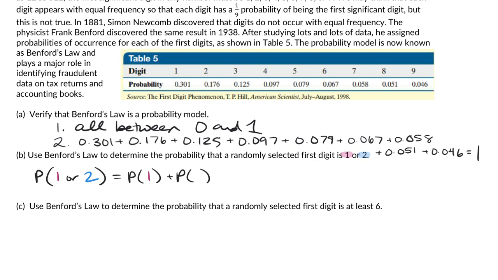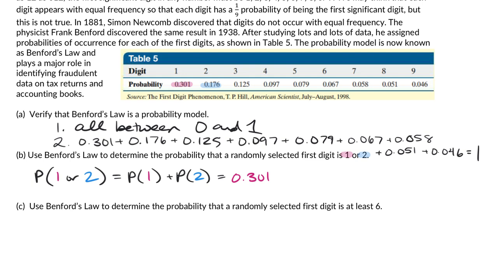We can do them separately because these are disjoint events. There is no overlap between 1 and 2 because they're completely separate things. They're mutually exclusive. So if we look at the table, the probability of 1 is 0.301, and the probability of 2 is 0.176. So all we have to do is add those two numbers together.